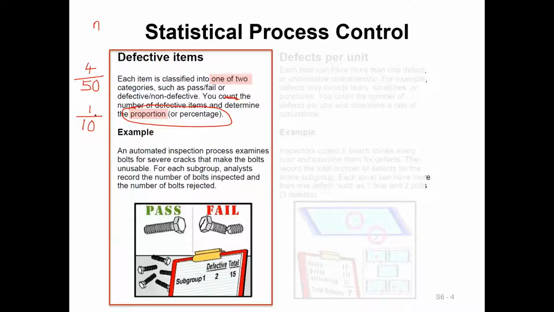If purely referring to counting, you might conclude that the quality of the second batch is better because you only found 1 defective item. But if we convert this into a ratio, 1 out of 10 is 0.1. The first is less than 0.1, because 10% of 50 is 5, and this is 4.